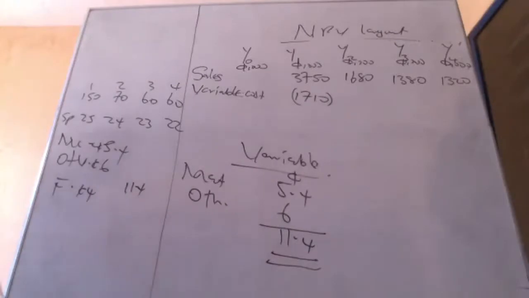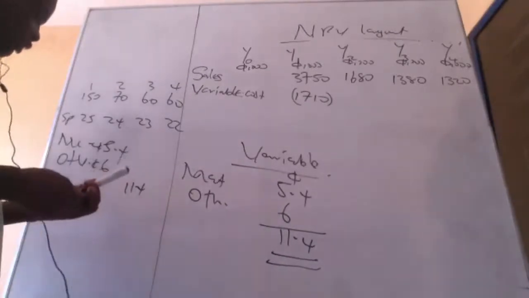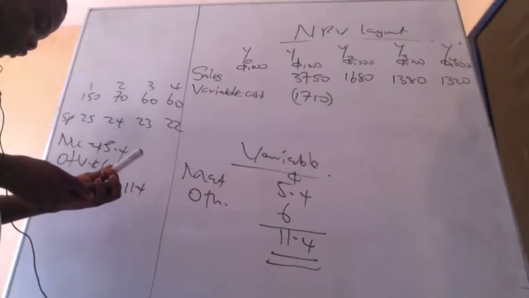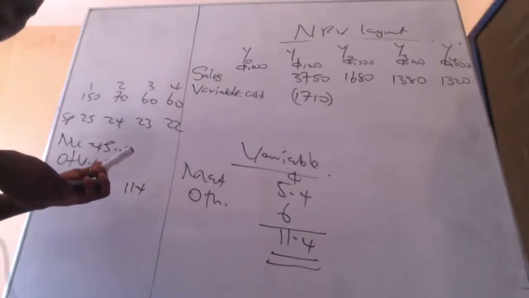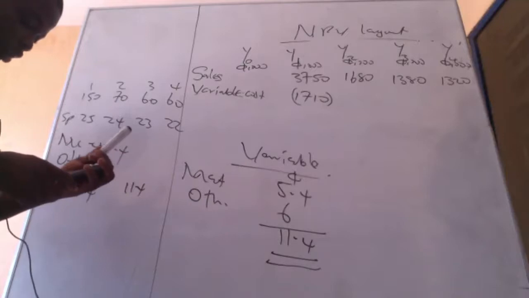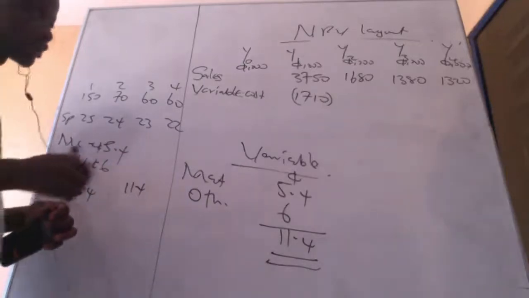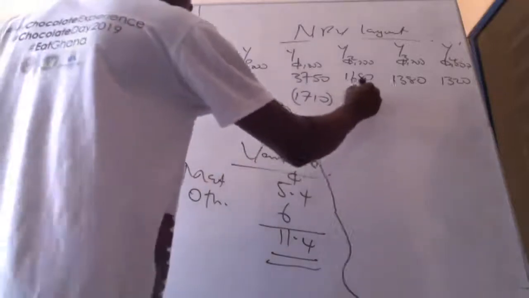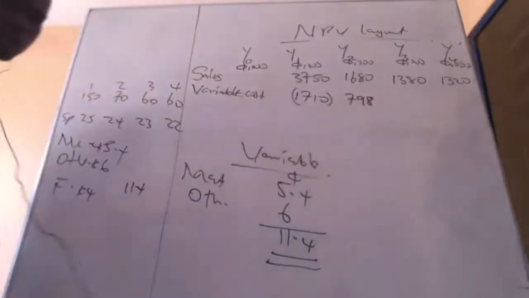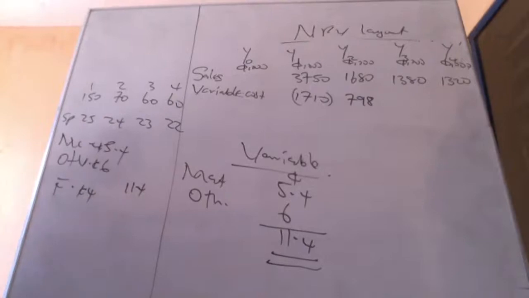And somebody is trying year 4 and year 3. Then we are done. So it will be 11.4 times what? 70. That gives us 798, right? Good. 798. Please, everybody must get it too.